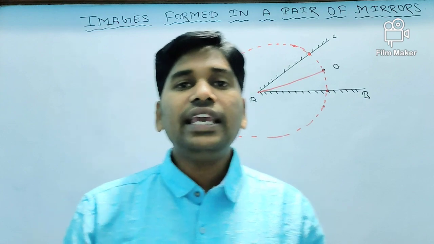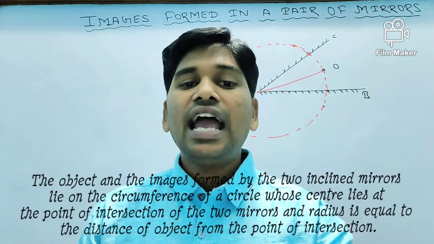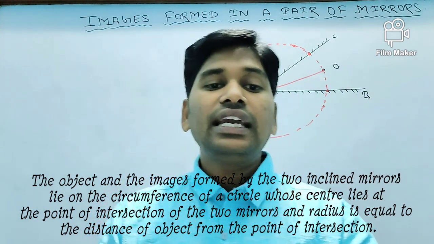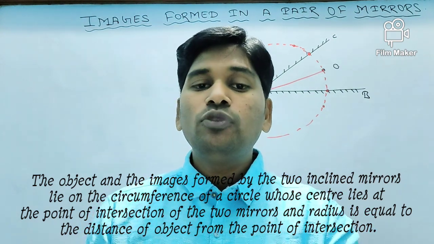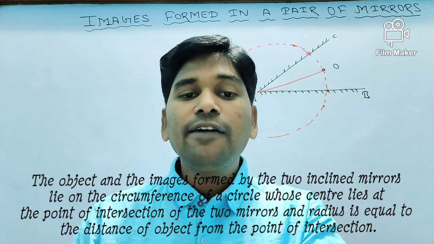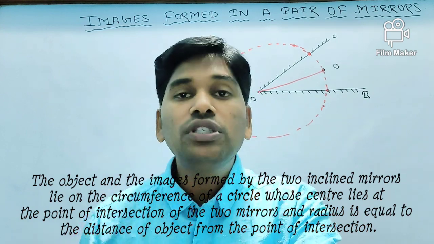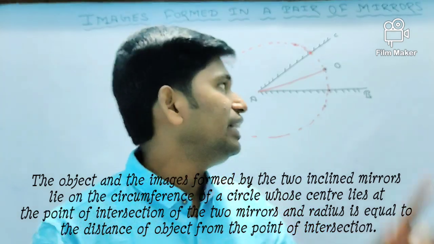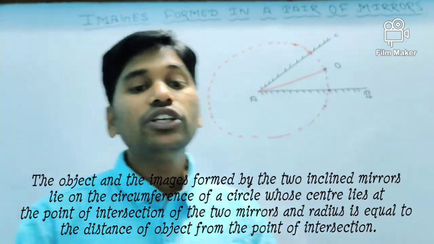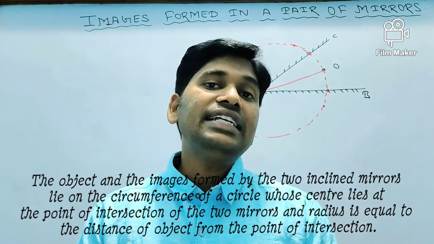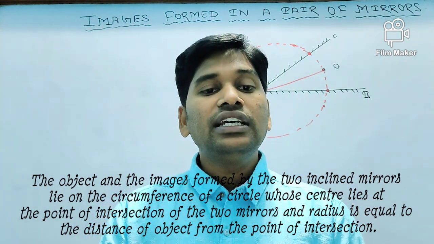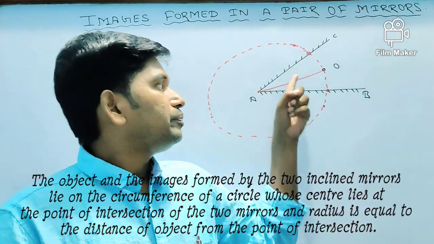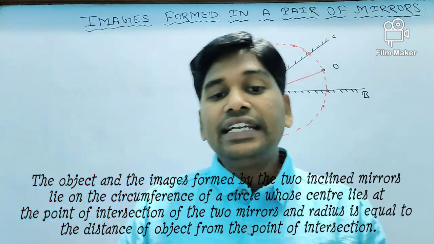So we can say the objects and the images formed by two inclined mirrors lie on the circumference of a circle, whose center lies at the point of intersection of the two mirrors, and the radius is equal to the distance of the object from the point of intersection.